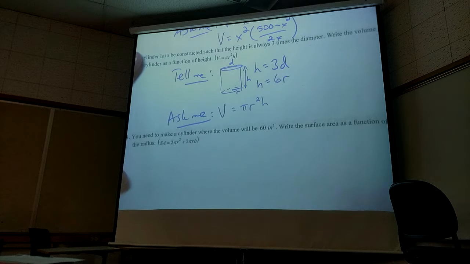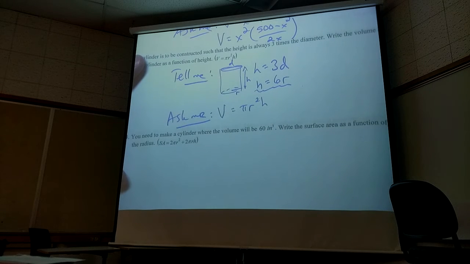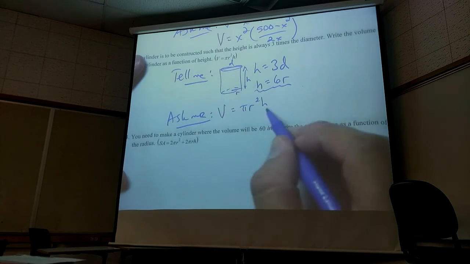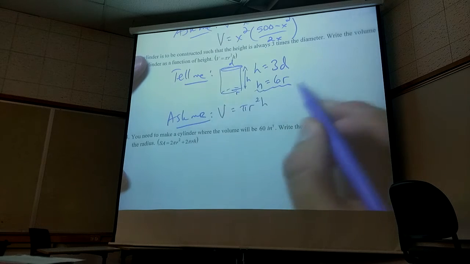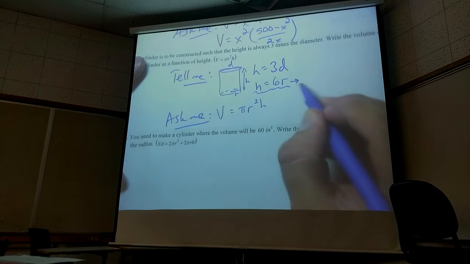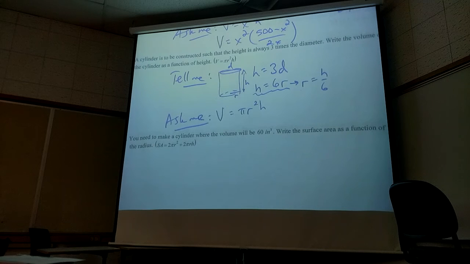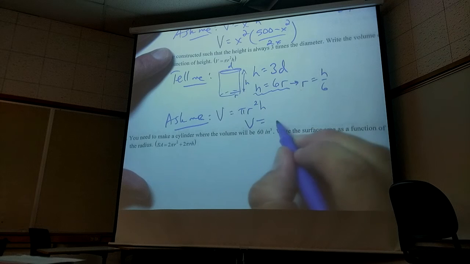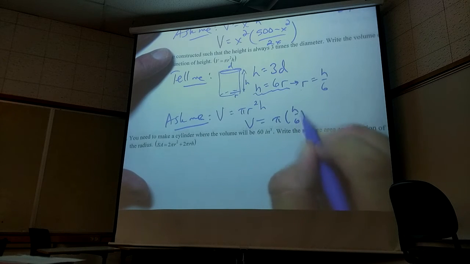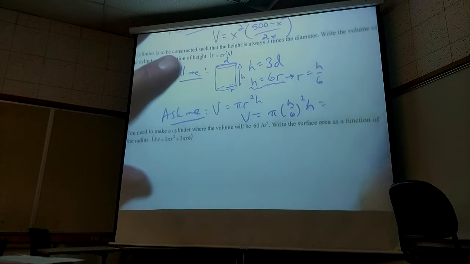So what do I need to get rid of? R. So what's wrong with how this is? If I put this in for h, I'm going to have a function of r. I want a function of height. So what do I need to do with this? Now I know what r is. I can replace it. I don't want r. So now the volume is pi times h over 6 squared times h.